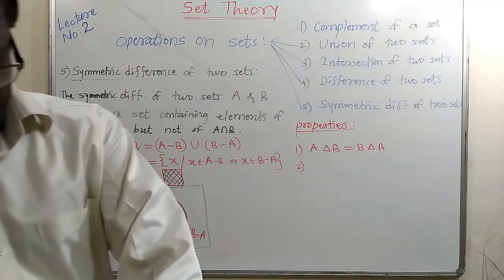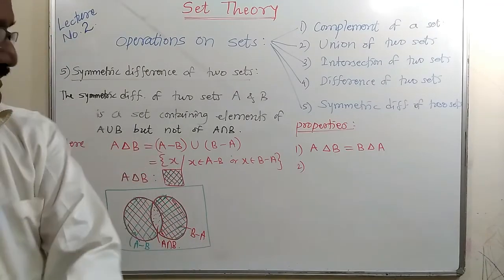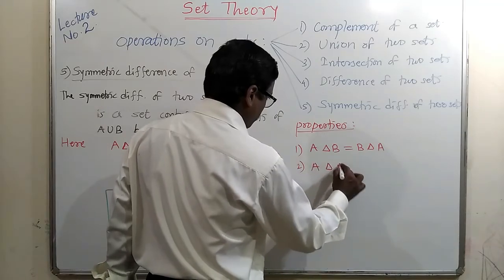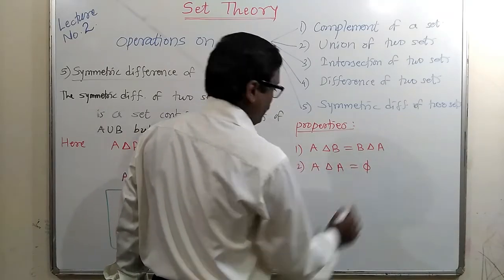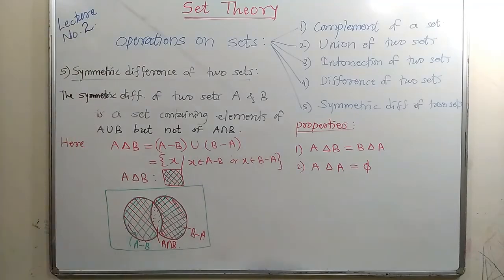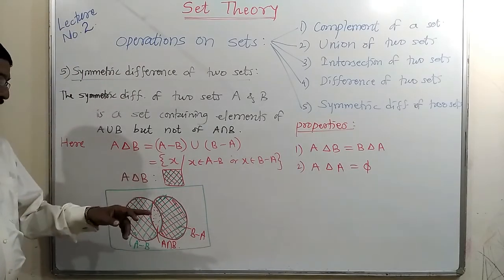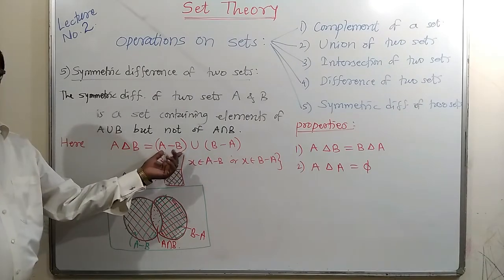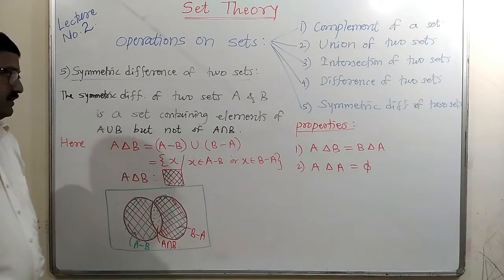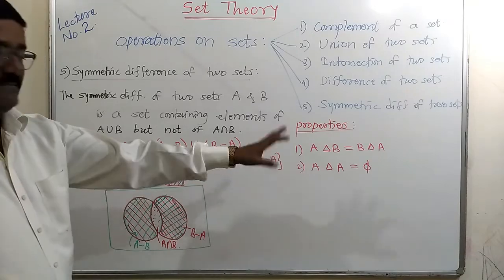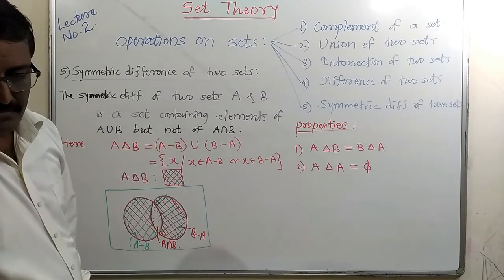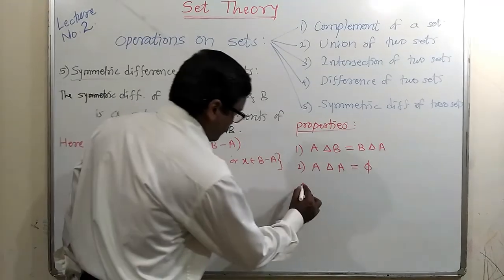Then the second property, that is symmetric difference of a set with itself. It's an empty set, because symmetric difference of A means A difference A union A difference A. A difference A will be obviously empty set. So empty set union empty set is empty set. Then next, third one is A symmetric difference phi.